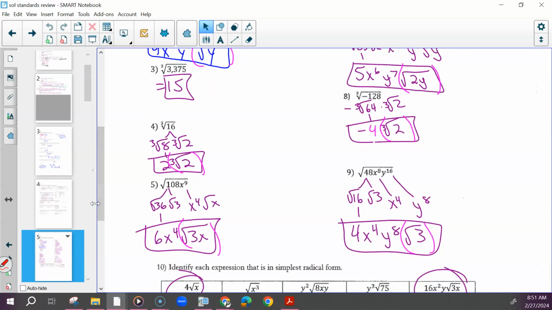Number 5 was 6x to the 4th times the square root of 3x. Number 9, 4x to the 4th, y to the 8th times the square root of 3. And number 10 was the first and last one. When you finish all of those, go ahead to the next page.